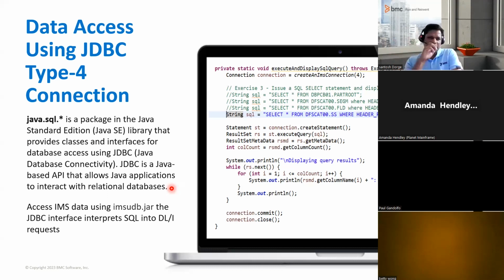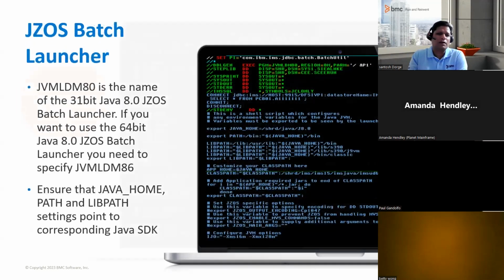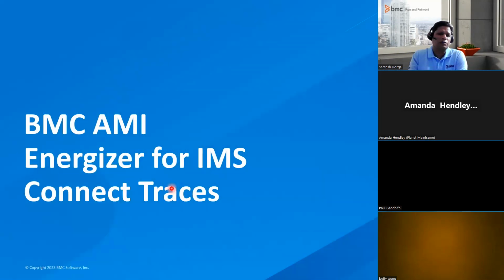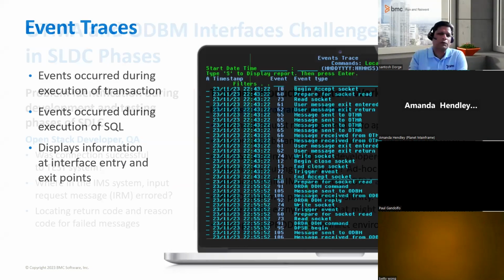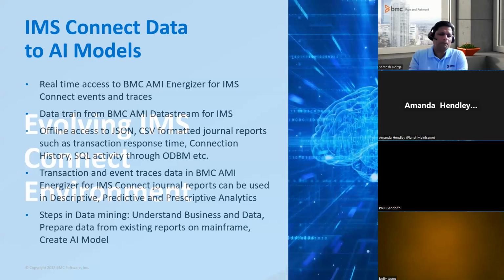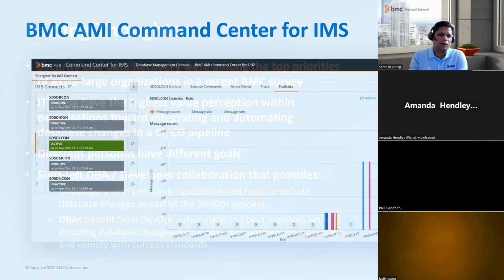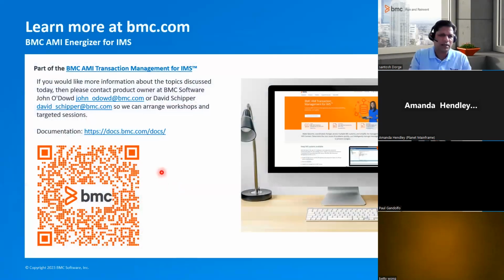Maybe the catalog experts at BMC can answer, and if you are a BMC customer, we can do specific targeted sessions with you guys. You can request that from Devskipper and Jonadot. Let me show that slide to you. You can write an email to Jonadot or Devskipper, and we'll arrange a workshop or targeted sessions for you.